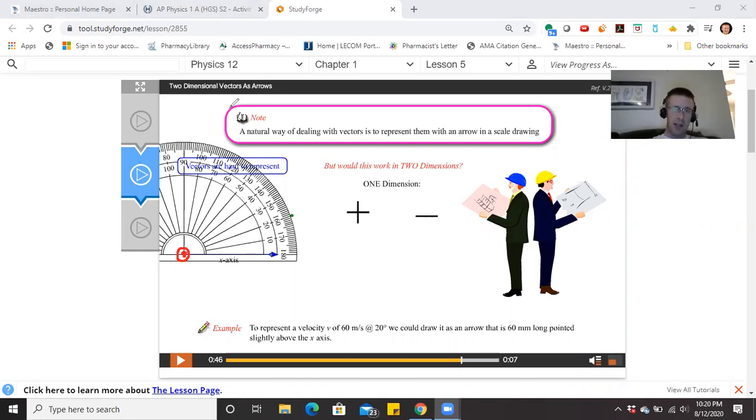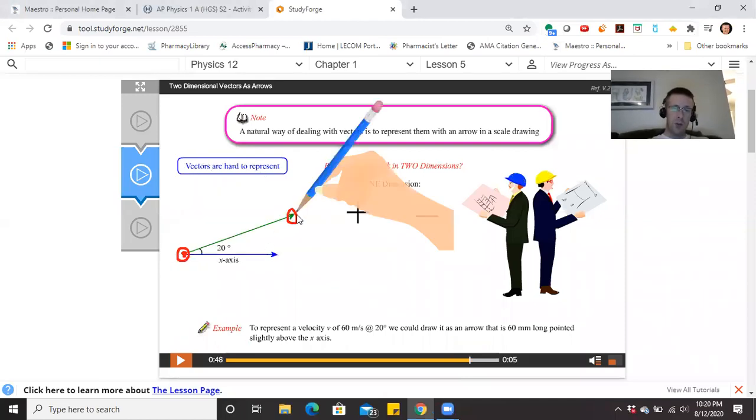The next step after you've drawn your x-axis and your little dot that matches up with the angle you're interested in is to connect your origin with the dot you just drew. So we've taken away the protractor and the ruler, we've drawn these straight lines, and you can see this is a very neat looking drawing of this angle and this vector.